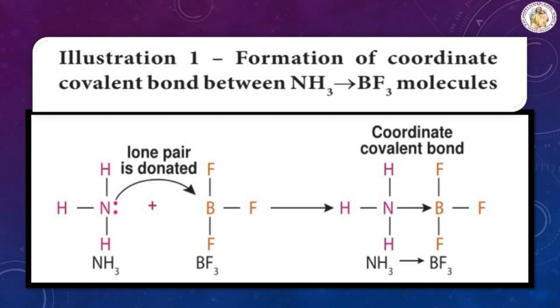Ammonia is the donor because it shares one pair of electrons with the boron trifluoride. So boron trifluoride is the acceptor and ammonia molecule is the what? Donor. This arrow mark represents the coordinate covalent bond: NH3 arrow coordinate covalent bond boron trifluoride, BF3.